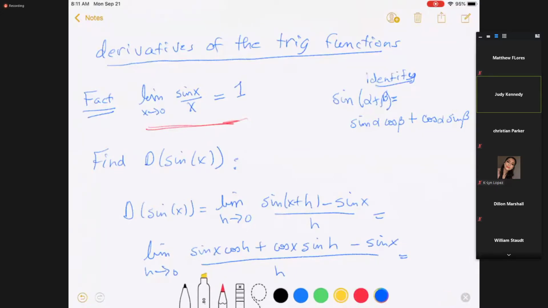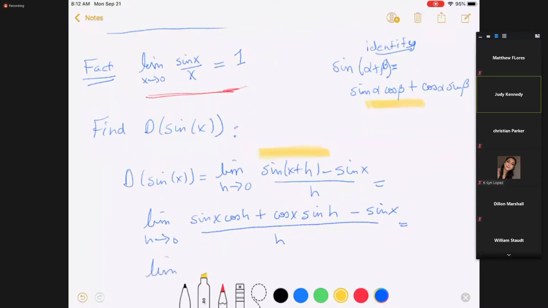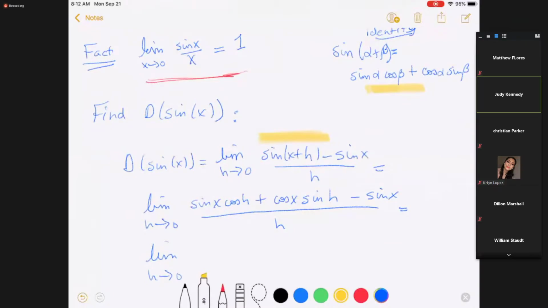Okay, that's right here. And right here is where I use this identity. I put in x for alpha and h for beta in this next line. So sine of x plus h is replaced by sine x cosine h plus cosine x sine h. And then I still have my minus sine of x all over h.